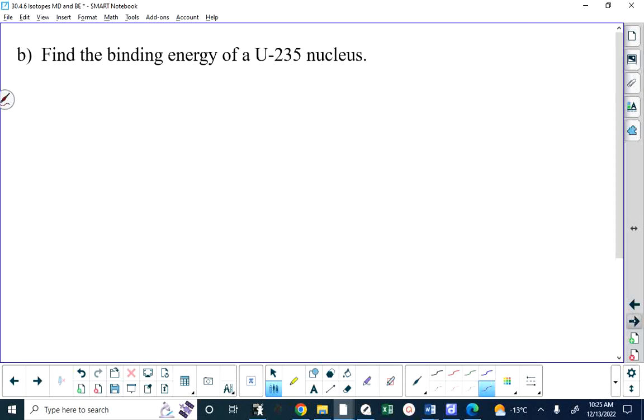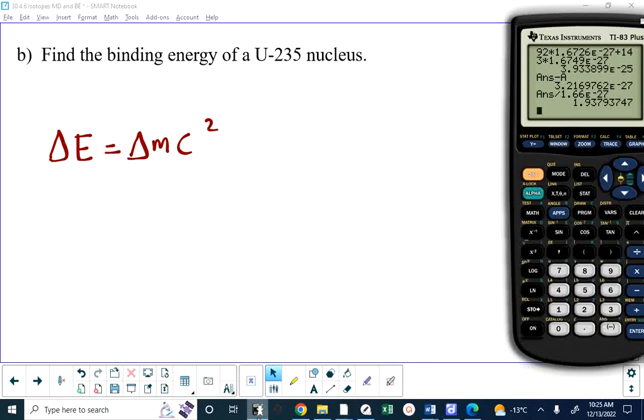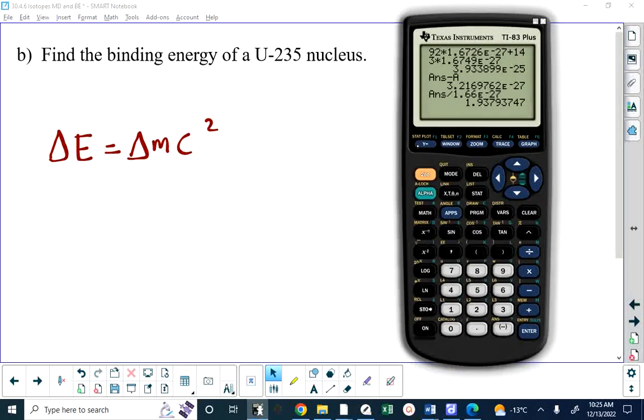If I want to find the binding energy, the way Physics 30 is set up, I have to use this formula, but I have to use standard units. So I have to use the mass in kilograms. This was the mass in kilograms.